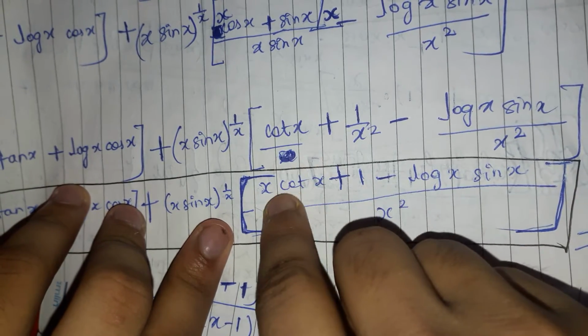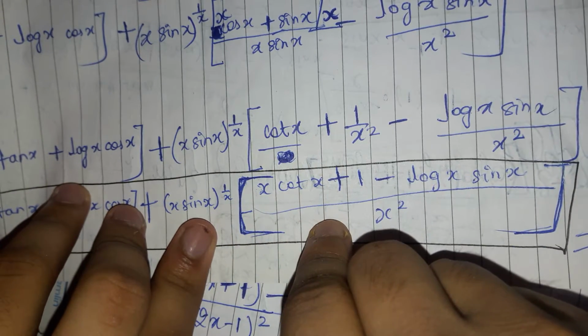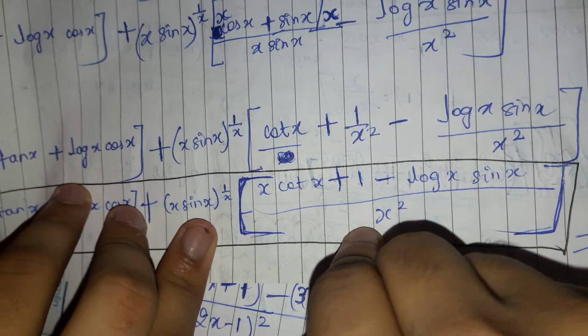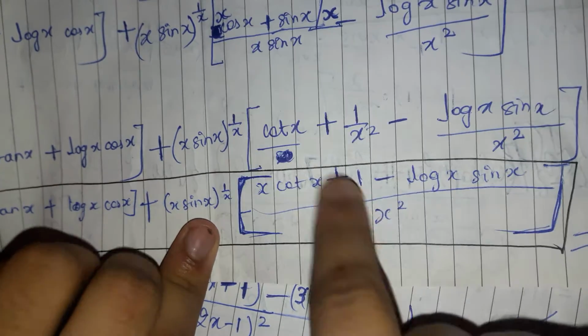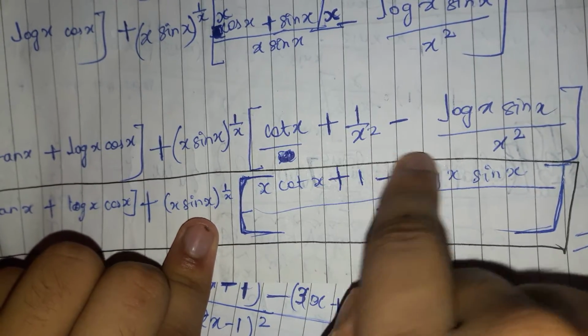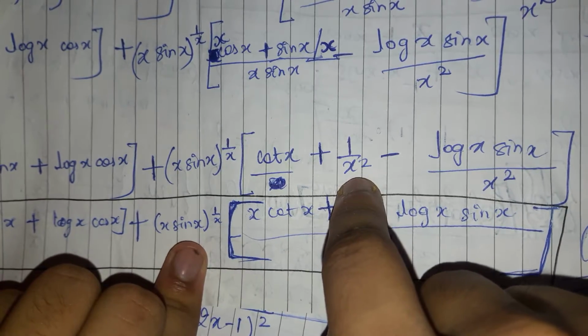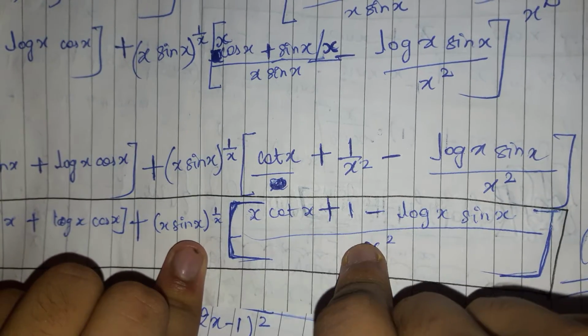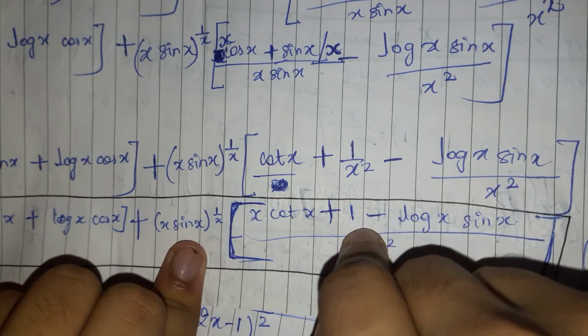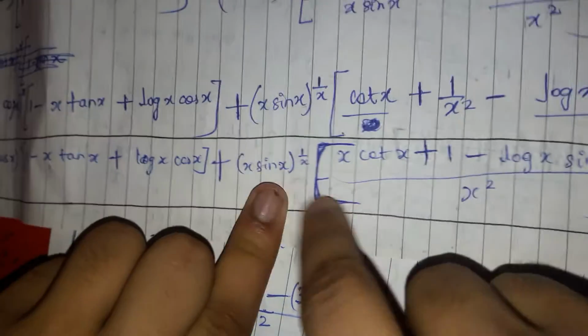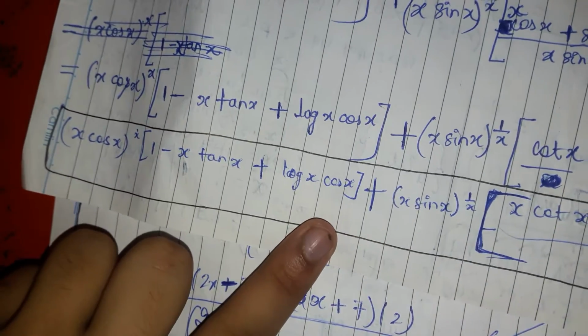You can see here that I distributed, I took LCM here. X square common, x cot x plus 1 minus log x upon log x sin x. So this is the final answer. You can match it from NCERT.